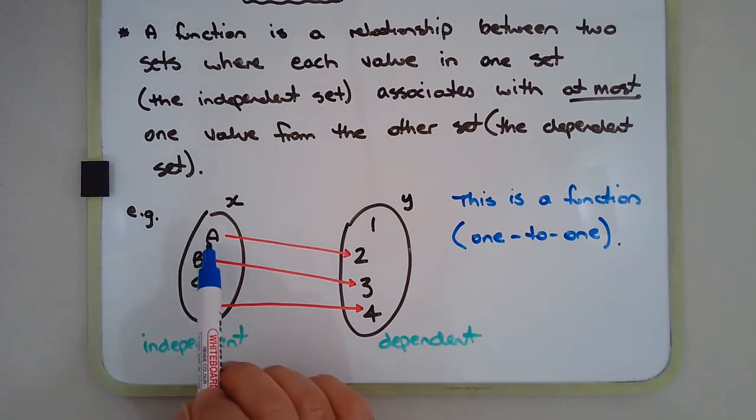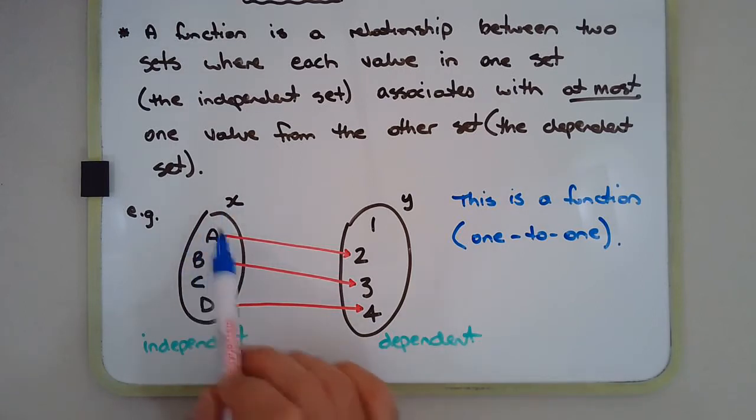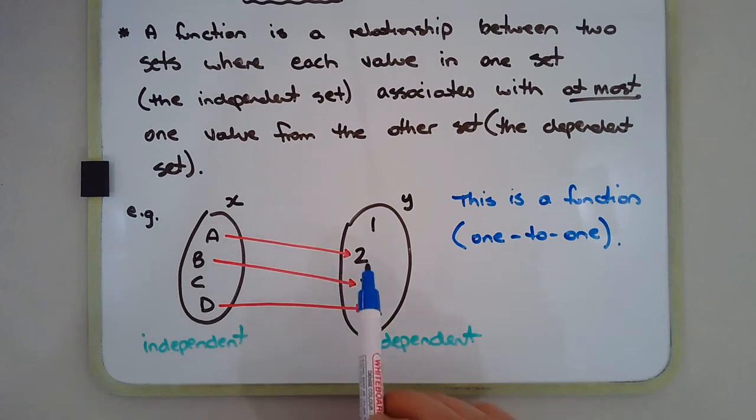So let's have a look here. A in the independent set associates with the number 2 in the dependent set. B associates with 3 and D associates with 4.